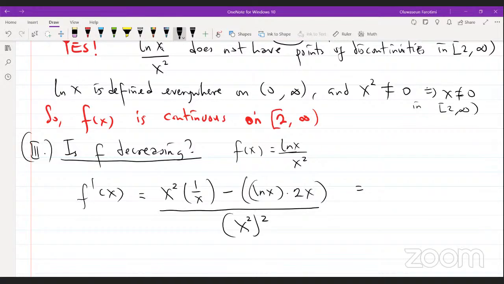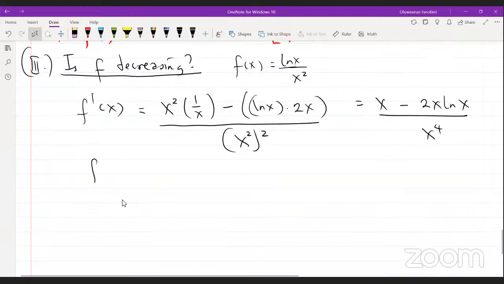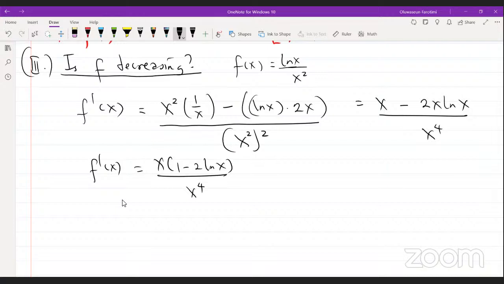So what do I have? I have x minus 2x ln of x divided by x to the fourth. My f prime of x is just x times (1 minus 2 ln of x) divided by x to the 4. Can anything cancel? Sure, this x can reduce the power. So you have 1 minus 2 ln of x divided by x cubed.